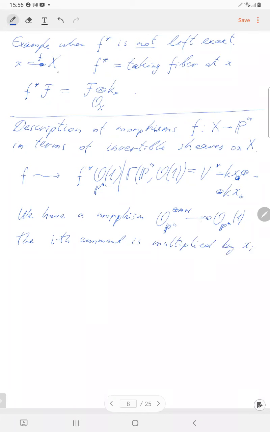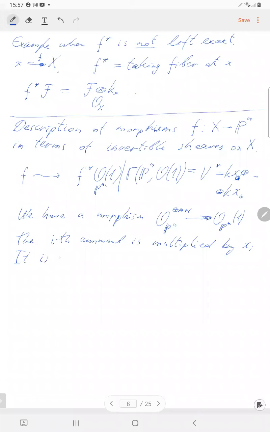This is clearly a surjection because we only have to check this on fibers, and on fibers we have to check that those coordinates from x0 to xn never vanish simultaneously. Certainly, they never vanish simultaneously.